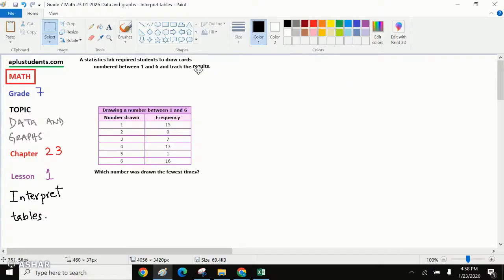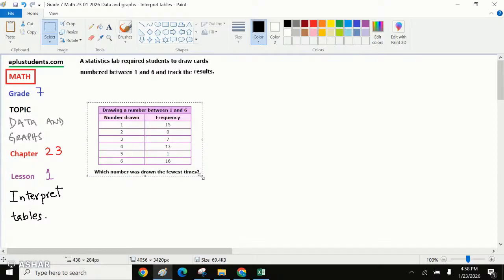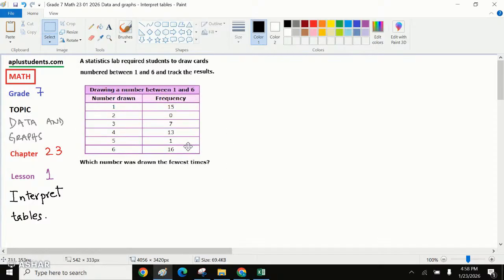A statistics lab requires students to draw cards numbered between 1 and 6 and track the results. So these are the results given to us. This is question number 1. Drawing a number between 1 and 6, number 1 was drawn.